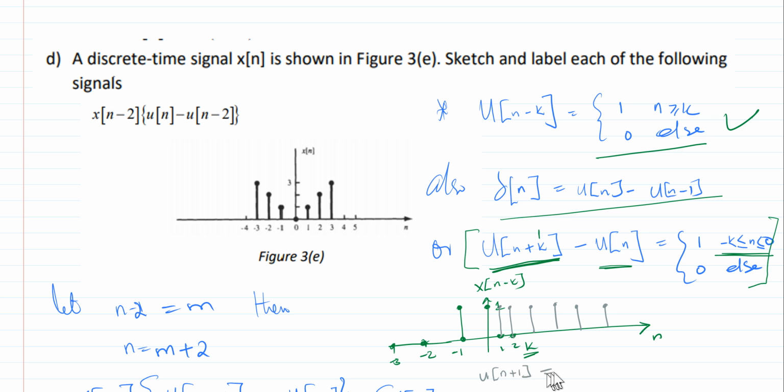We normally say that this one is going to be equal to 1 for n bigger than or equal to minus 1, and 0 otherwise.